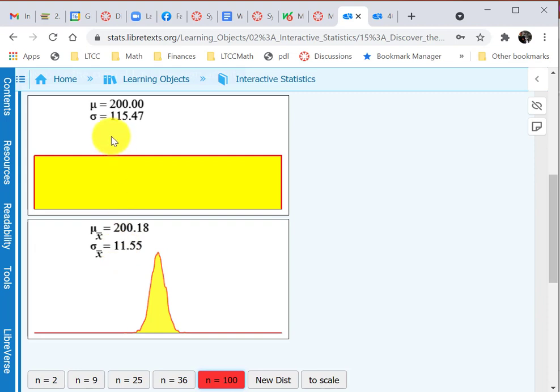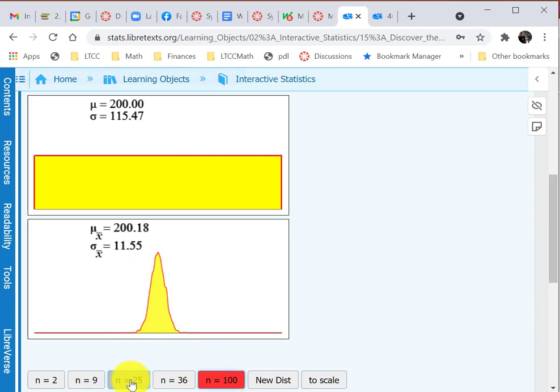Notice it went from about 115 to about 11.5 or so. It actually dropped by a factor of 10. So the standard deviation of the population compared to the standard deviation of the sampling distribution is not the same. And in fact, 10 just happens to be the square root of 100.